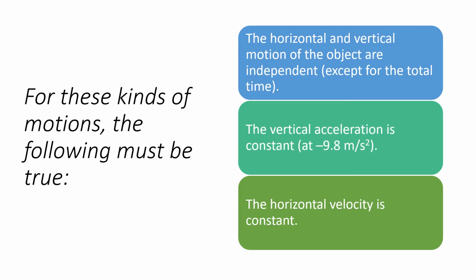For these types of motion, projectile motion, the following things must be true. Number one, the horizontal and vertical motion of the object are independent. The motions are independent of each other except for the time. The vertical acceleration is constant at negative 9.8 meters per second squared.